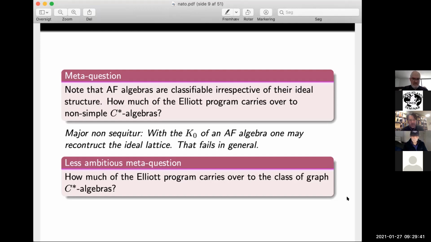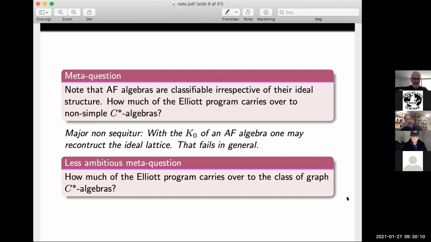I mean, first of all, when you look at the classification of simple C-star algebras, you can put things in types. You have the stably finite ones and the purely infinite ones, and so you can deal with them separately. If you have a non-simple C-star algebra, it's probably going to be built together in general by things where some of the simple subquotients are stably finite, some of them are purely infinite.